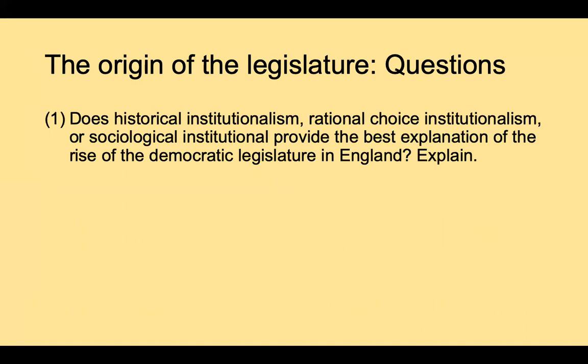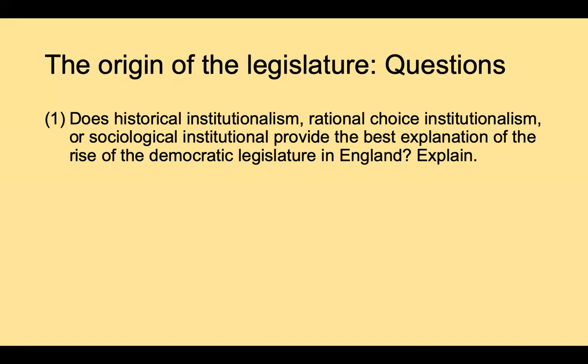And I want to pose to you a question that will incorporate the lenses and perspectives that we've already used in class and in discussion. Those are the historical institutionalism, rational choice institutionalism, and sociological institutionalism perspectives. Remember that these are three different perspectives for assessing institutions and analyzing their creation and origin.